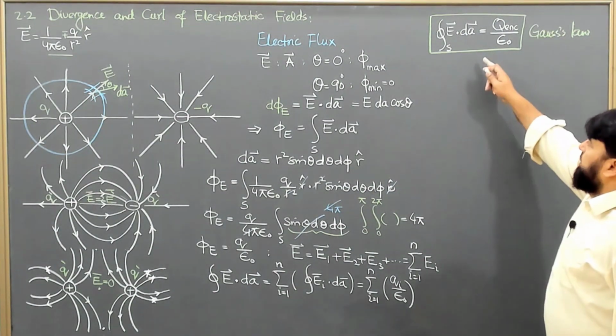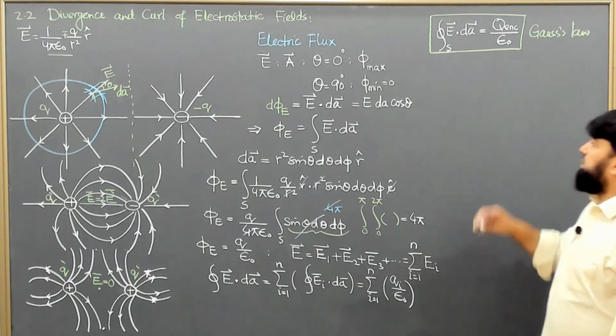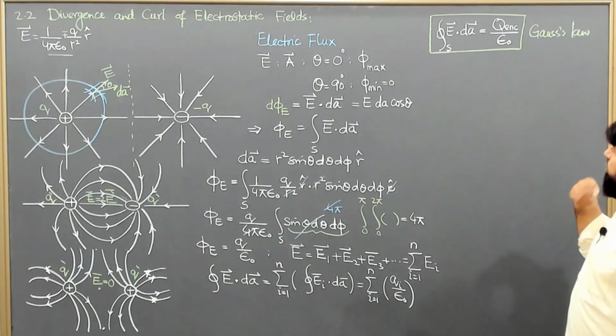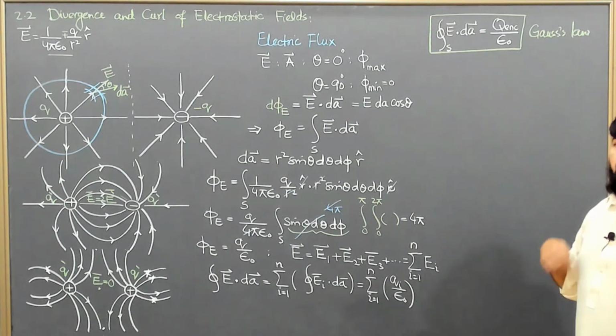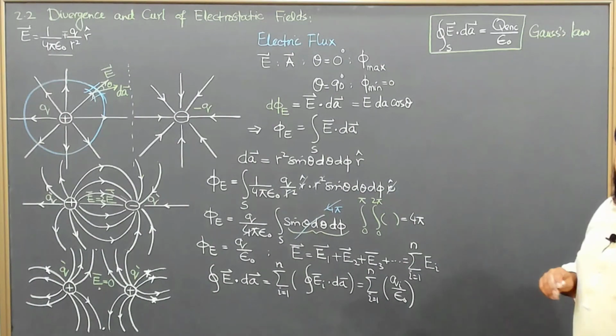Now the final result we call Gauss's law. This is the integral form of Gauss's law. We can convert this integral form into differential form by using the divergence theorem.